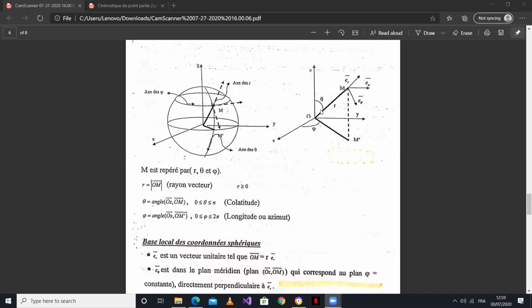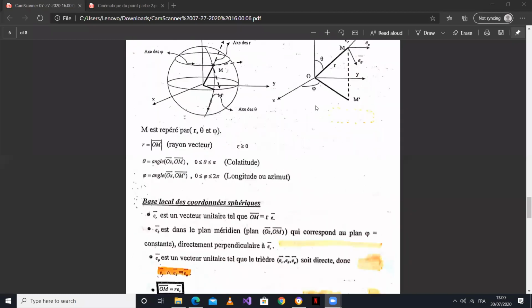We said OM equals rho e_rho plus Z k. So there we had e_rho and k telling us in which directions we should go to find the position of that vector OM. Rho tells us, move rho steps in my direction, and then k tells us, move Z steps in my direction.